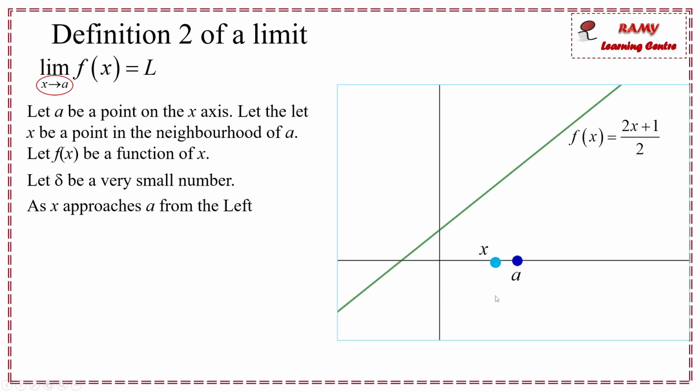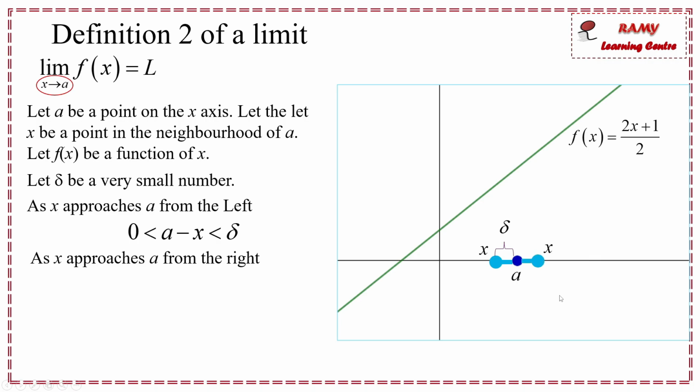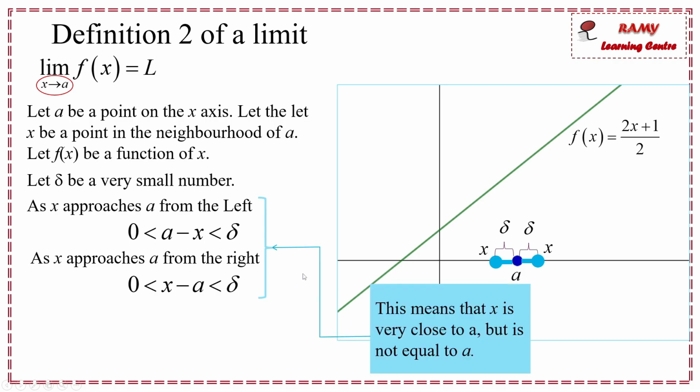As x approaches a from the left, we have a minus x is greater than 0 and less than delta. As x approaches a from the right, we have x minus a is greater than 0 and less than delta. What does this mean?